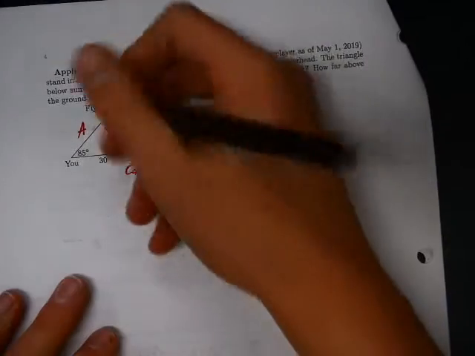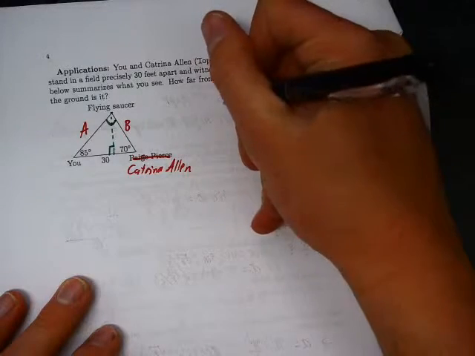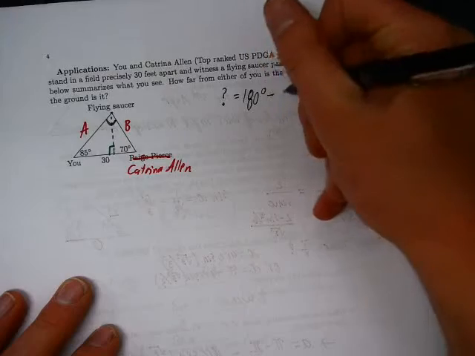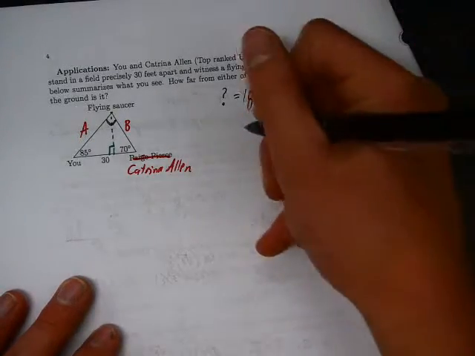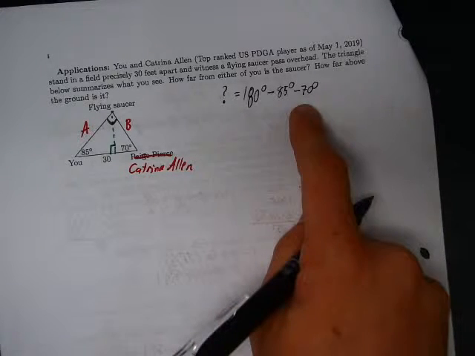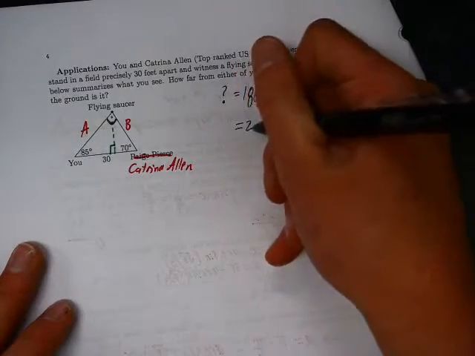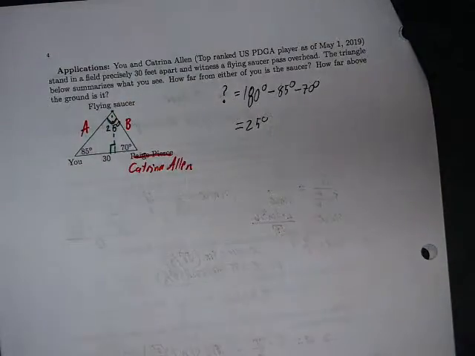So let's try to determine this angle. So I guess this angle, I'll call it question mark, should be the same as 180 degrees minus 85 degrees minus 70 degrees. So let's see, 180 minus 70, that should be like 110. Will it wind up being 25 degrees? I think it's 25 degrees. All right, good. So this angle is 25 degrees.